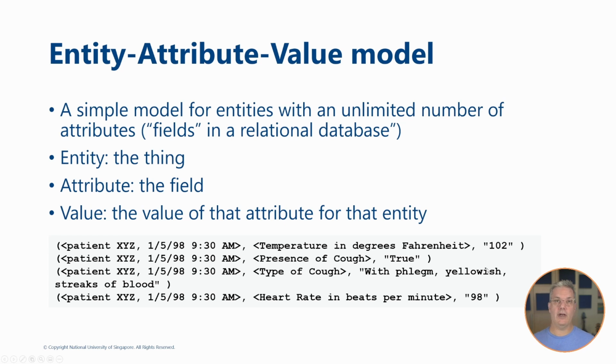So they come in with an elevated temperature, a phlegmy cough, and a heart rate of 98 beats per minute. So they're clearly suffering some form of infection. But you can see that by just using these three columns, you can define a whole lot. The EAV model, that triple store model, has an enormous amount of flexibility.